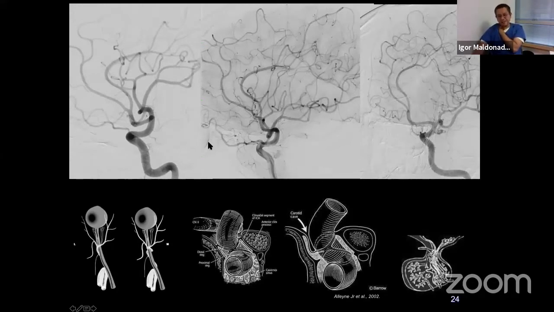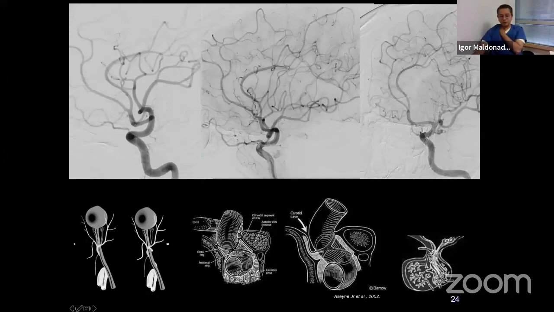In some cases, mostly when you have atherosclerotic pathology of the ICA, the choroidal blush may not come from the ophthalmic artery, and may come mostly from anastomosis from the angular artery, which is a branch of the facial artery.